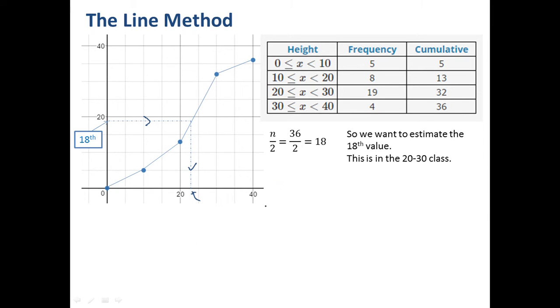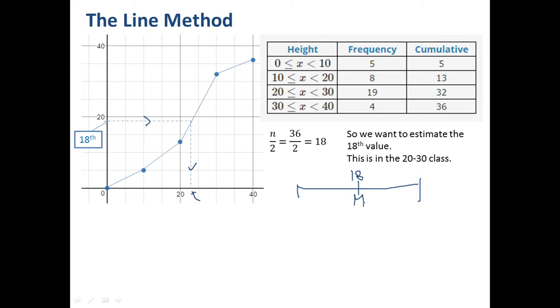What we're going to do instead is we're going to use the line method. So drawing the line. The line always gets drawn like this, whether you're finding median, quartiles, whatever. And we know that we want the 18th value, and we know that that's the median. So I'm going to put that like that. It doesn't matter which way around you do, so long as you're consistent with the other values that you put down.